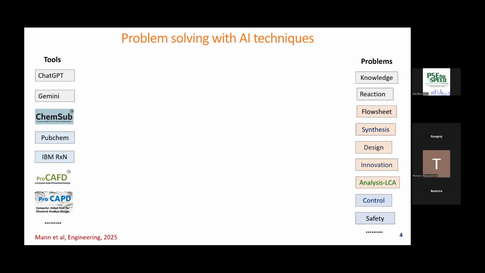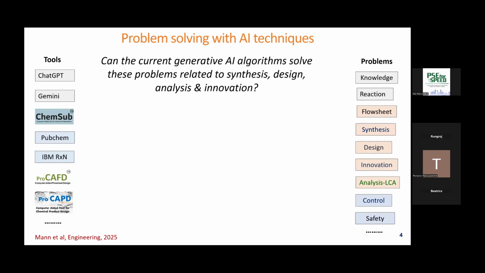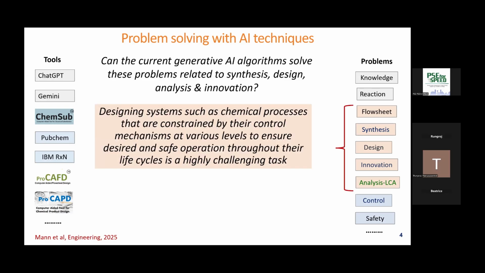So we have these tools. What kind of problems can we solve? So the question is, can the current generative AI algorithms solve these problems related to synthesis, design, analysis, innovation? And these are related mainly to the highlighted boxes that you see.